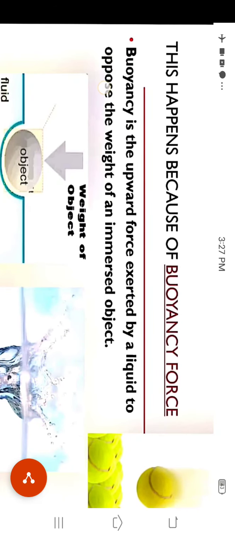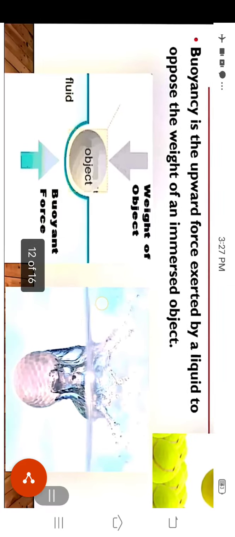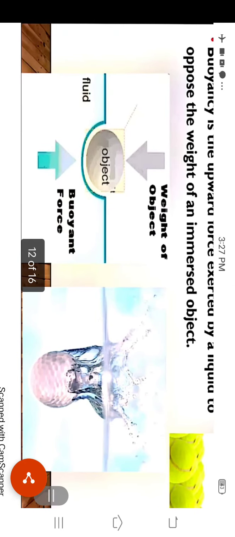What is buoyancy force? Buoyancy is the upward force exerted by a liquid to oppose the weight of an immersed object. So suppose, dear students, if you put any object in the water, then the object will take some place in the water, and the water will come on both sides of this object.